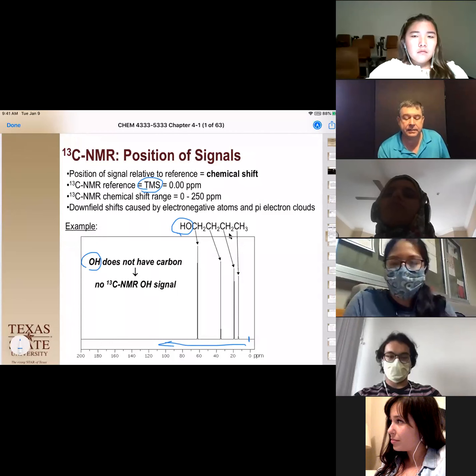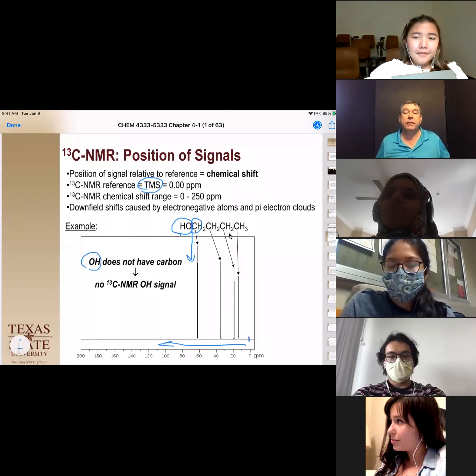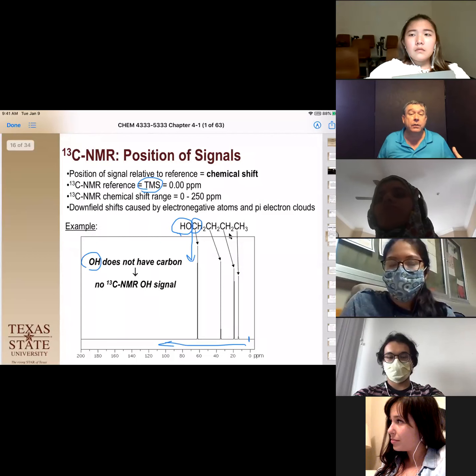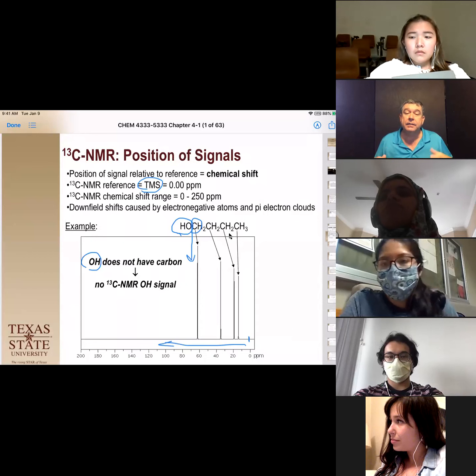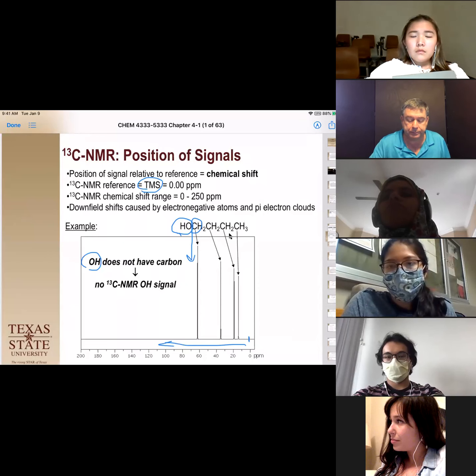However, we can see that the carbon it's attached to is the furthest downfield because it's directly bonded to that electronegative atom. Okay. Now those general shifts, again, you don't have to memorize them. It's just knowing where to look for them because we're going to be using our tables on our exams. But the idea is that that same kind of concept works for both carbon and proton NMR.